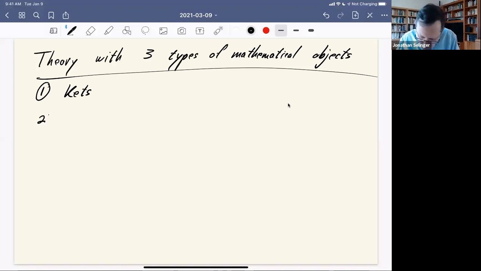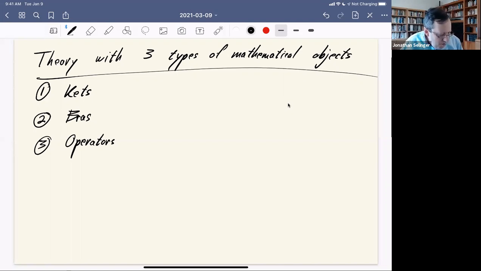Number two is we have bras. And number three is we have operators. So let me show you how we would combine any set of these objects in any sequence. So we'll say, how to combine.